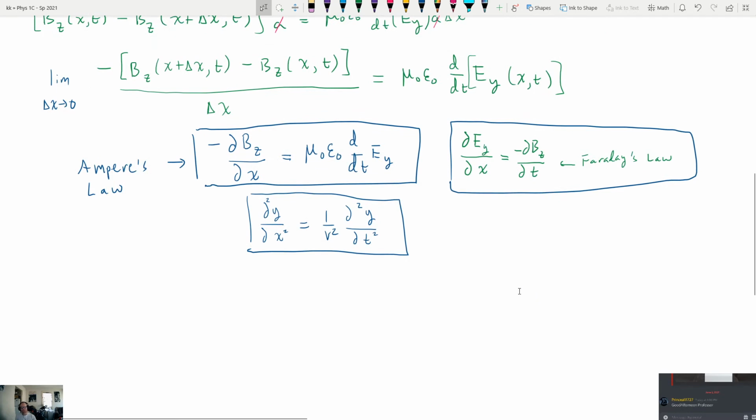So for the left equation right here, we're going to do del x of the whole equation.